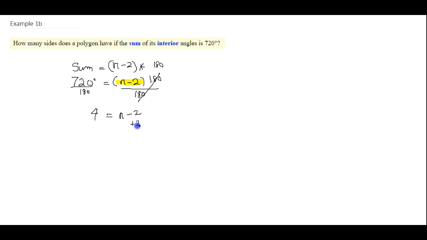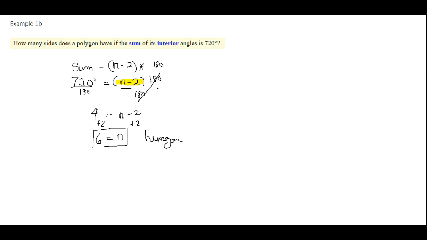Finish this up by adding 2 to both sides, and we find that this polygon has 6 sides, and that makes it a hexagon. And you'll want to take some time to remember these names: hexagon, octagon, pentagon, etc.